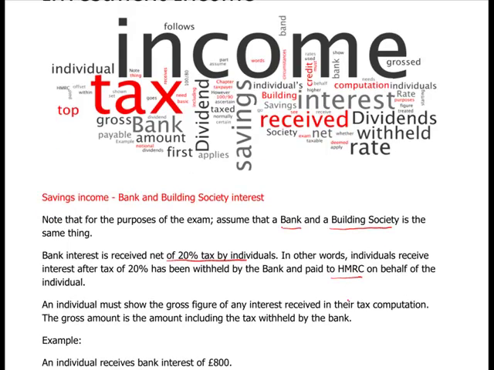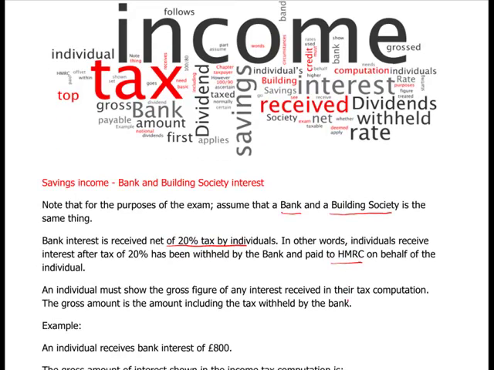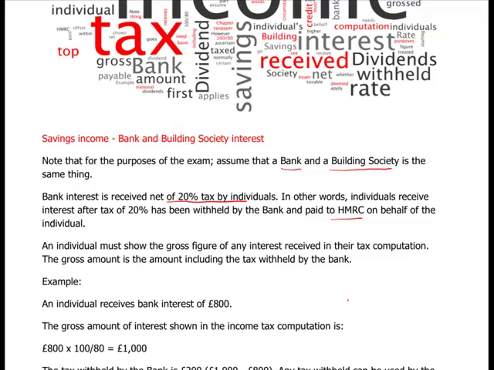Now, when you come to do an exam, you must be careful what the question is saying. Is the questioner saying they have received interest of 800, or have they said the individual has gross interest of 1,000?